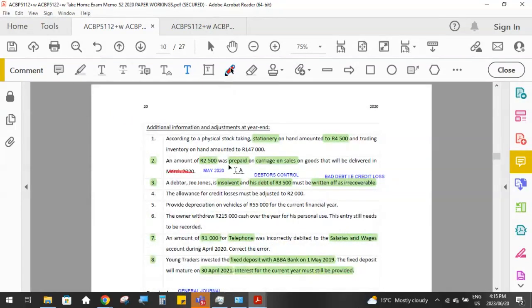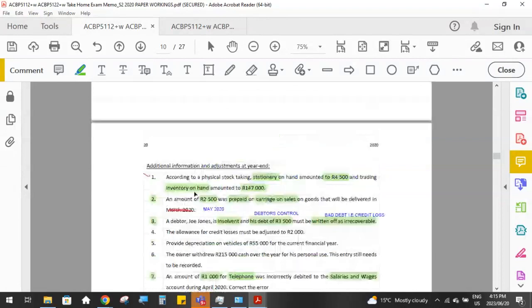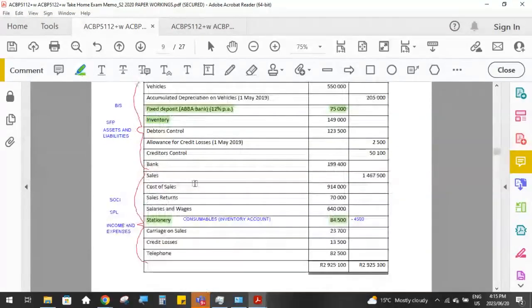So also what I like to tell the students to do as you go through these, make sure that you tick them off, that you know that you have done what you're supposed to do with those amounts. Then also trading inventory on hand is 147,000. So we go up here to trading inventory. We've got 149, and it is actually only 147,000.